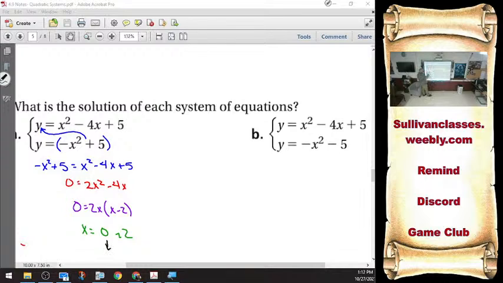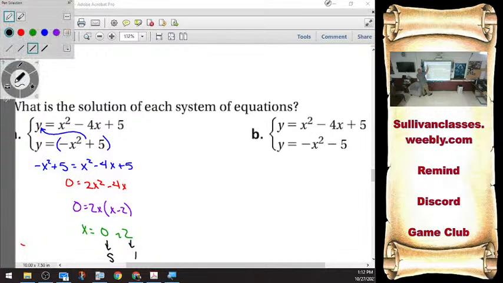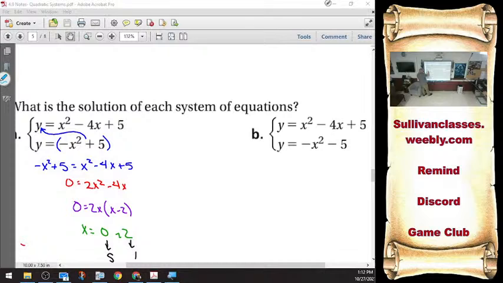I'm going to choose this one because it's smaller. 0 plus 5 is 5. Negative 4 plus 5 is uno. Getting 0, 5, and negative 4, 1.